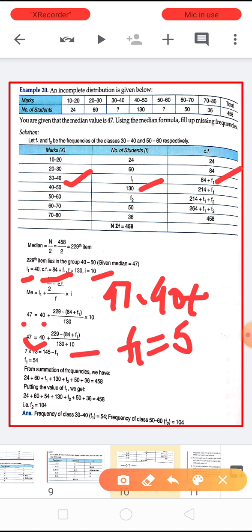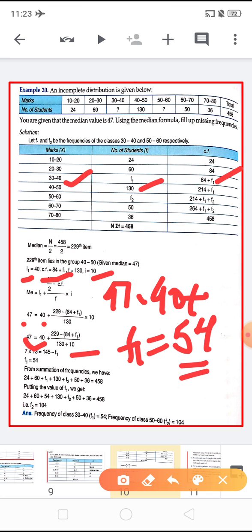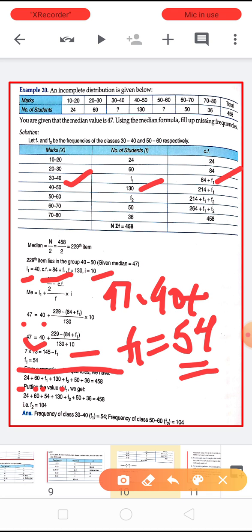It is 54. So now you also calculate the frequency of the class interval of 50 to 60. For the summation of frequency, we see that the summation of all the frequencies is 458. So we keep on summing the frequencies by putting up the values, that is 24 plus 60 plus 54 plus 130 plus F2 plus 15 plus 36 is equal to 458.